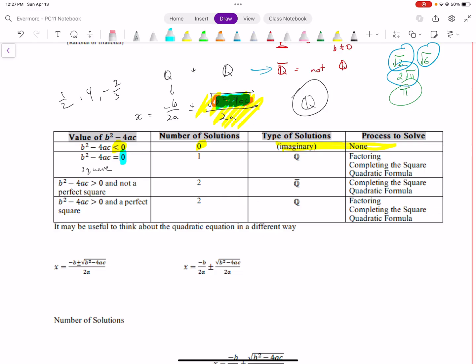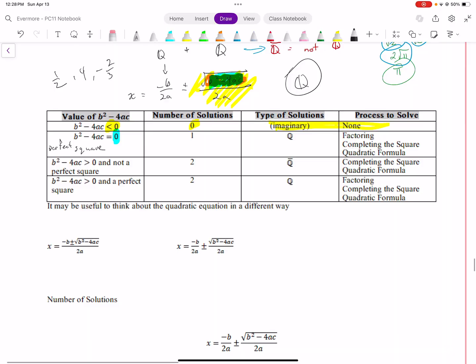If your discriminant is equal to 0, and just recognize that 0 is a perfect square, you have one solution, and the type of solution is rational. As soon as you have rational solutions, you can factor.